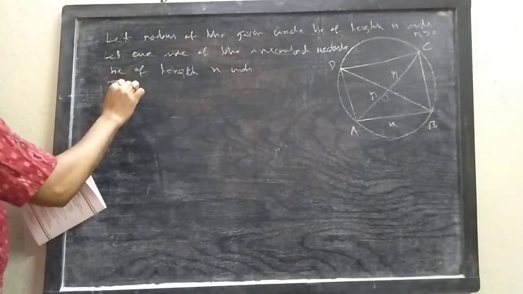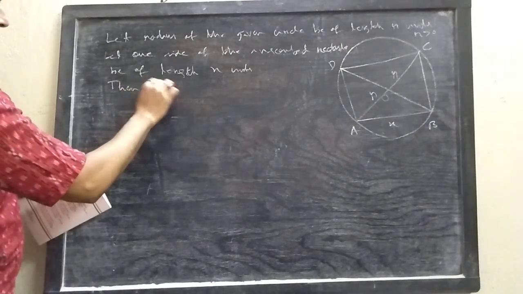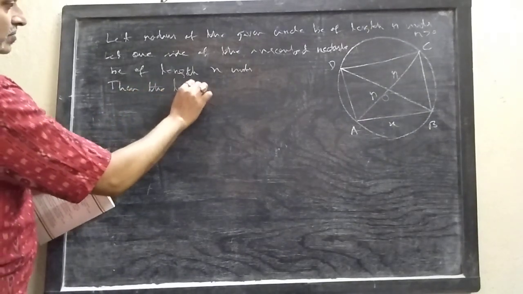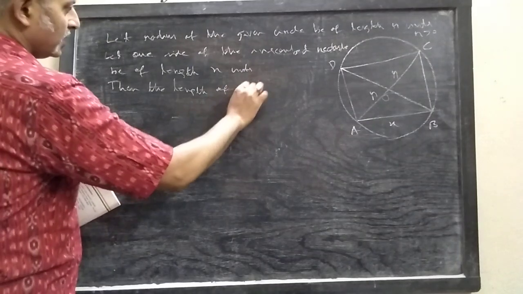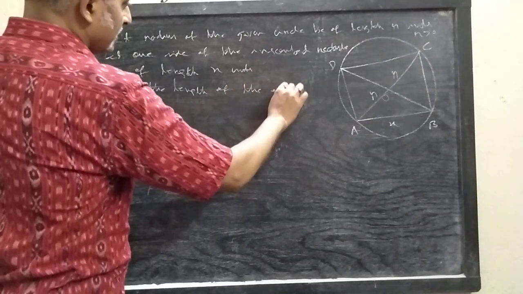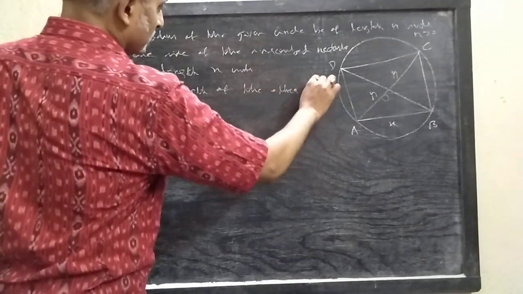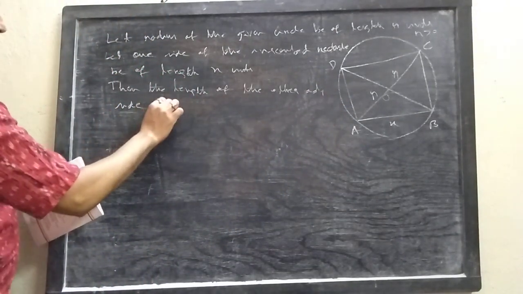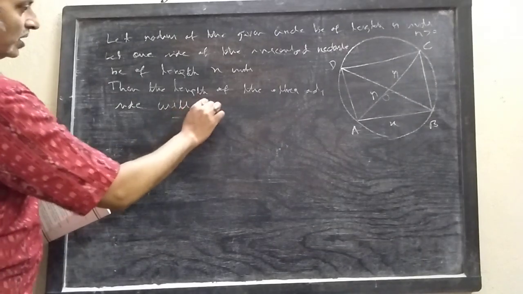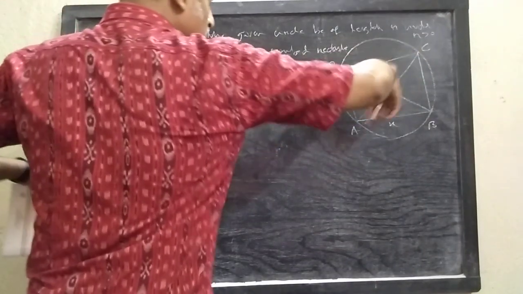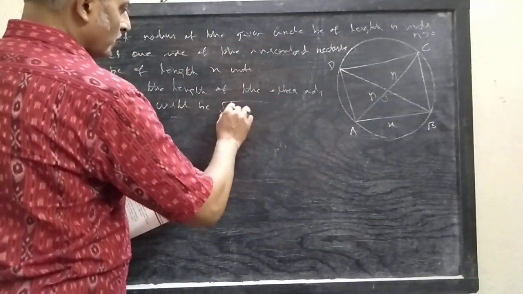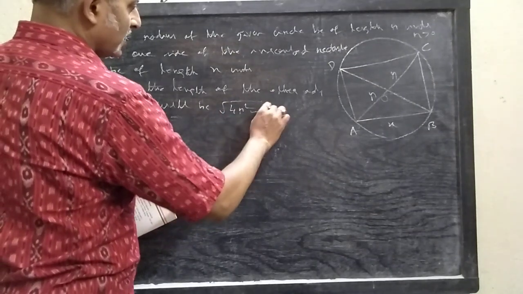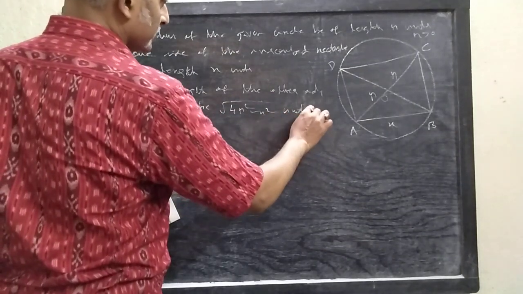Then the length of the other adjacent side will be root over of, this is 2R, so root over of 4R square minus x square units.